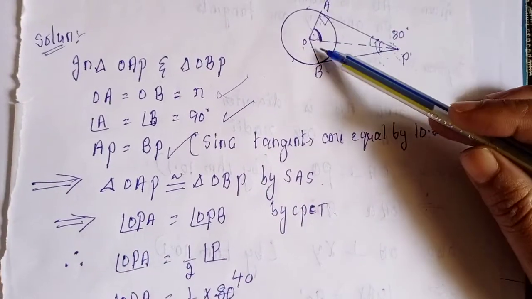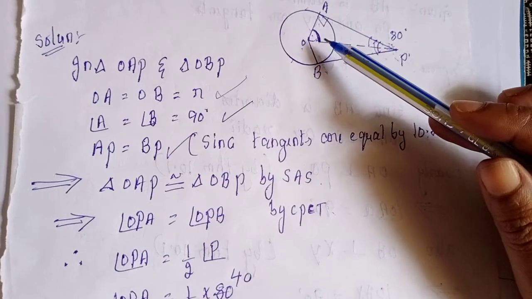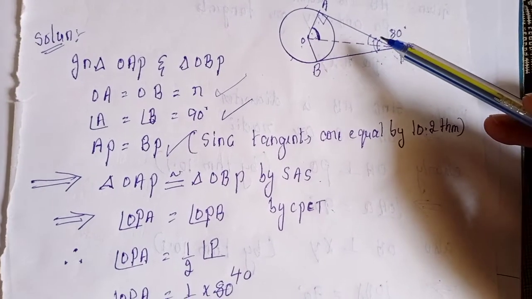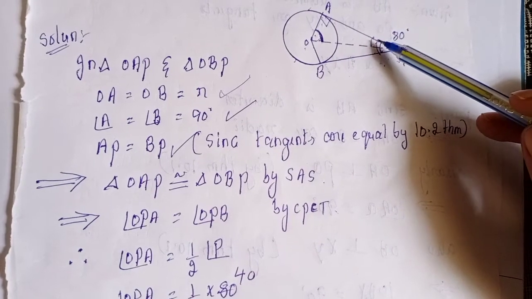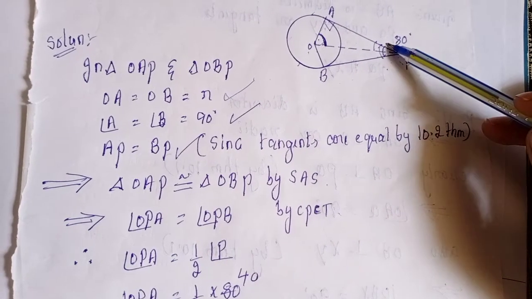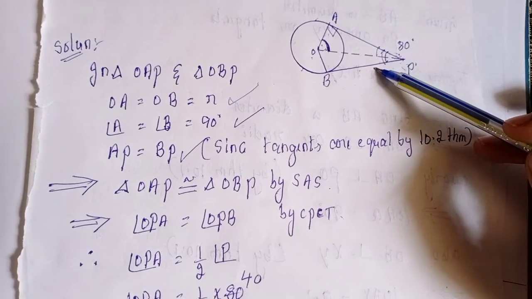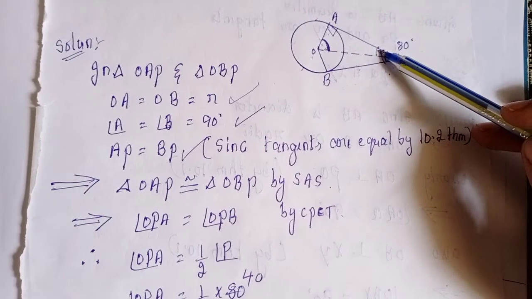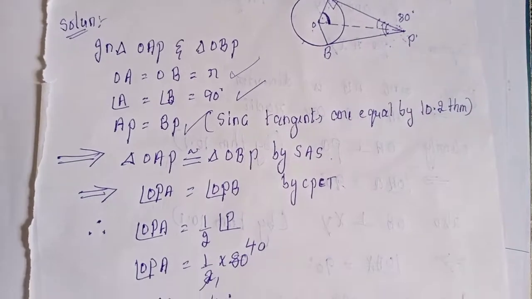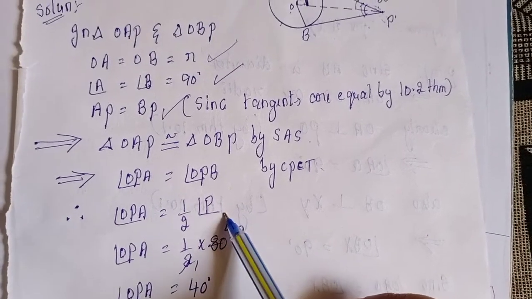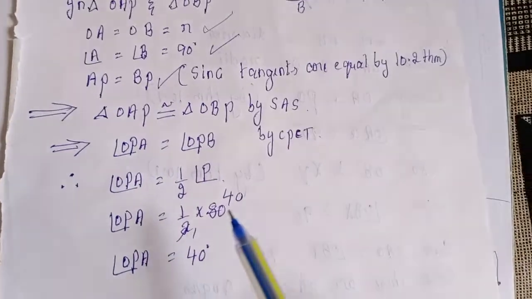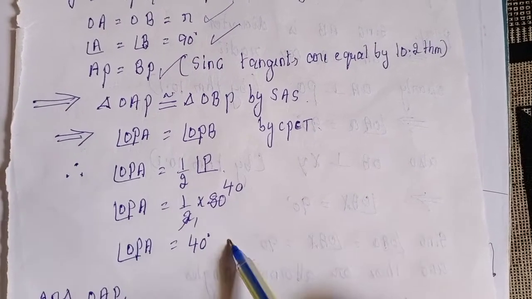That is, OPA equals OPB. And as you know, if these two angles are equal, each small angle is equal to half of this full angle. So what will this be? This will be 40. This also will be 40. So in that way I can write angle OPA equals half of the full angle, that is angle P. So I got OPA as 40.